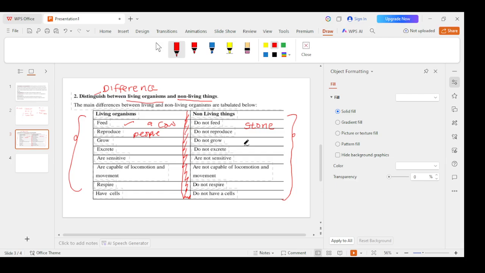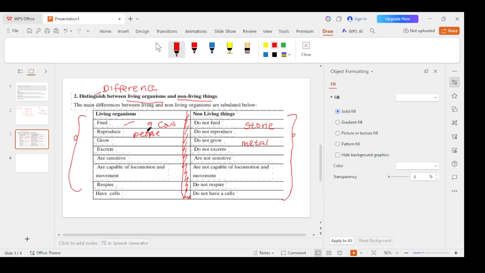For example, we can talk about a metal. You've never seen a metal growing. If a metal is 5 centimeters in height, it will still be 5 centimeters even after 2 billion years.